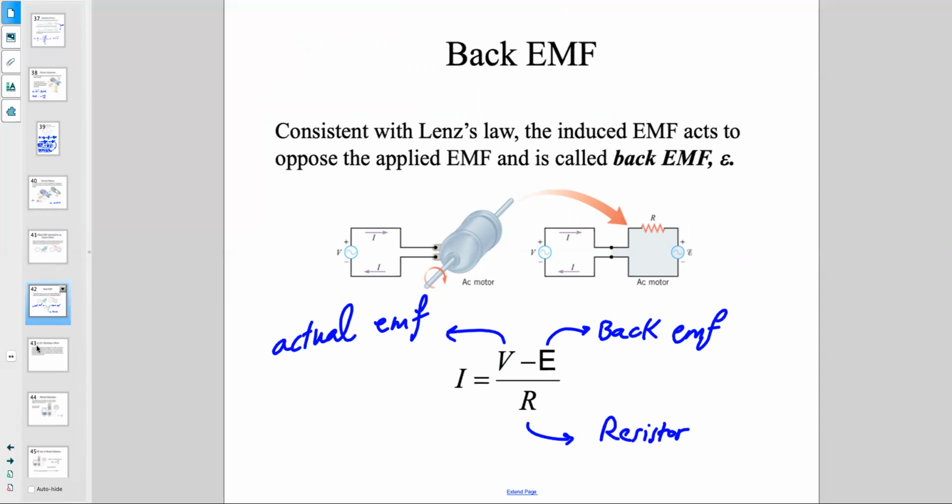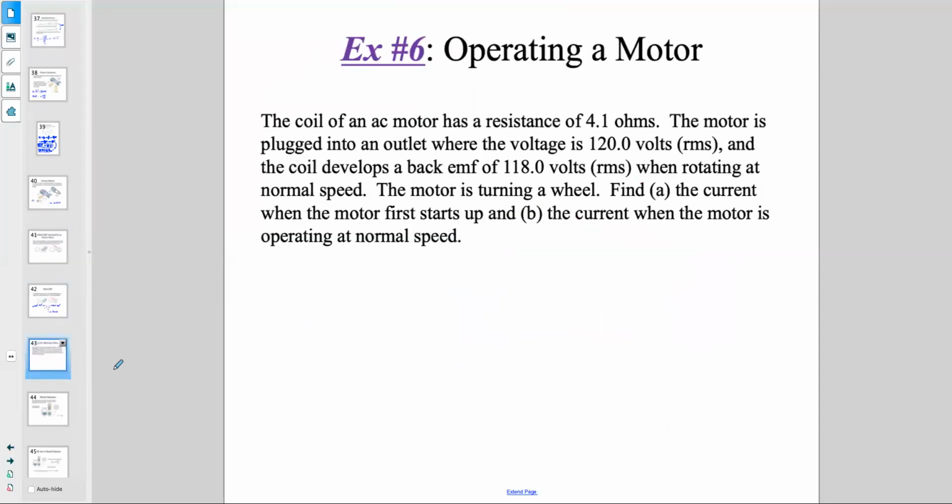So let's take a look at this example. The coil of an AC motor has a resistance of 4.1 ohms. So we know what R is, which is 4.1. It's plugged into an outlet where the voltage is 120 volts. So we know what the voltage is, which is 120. So that's the input inside the coil.